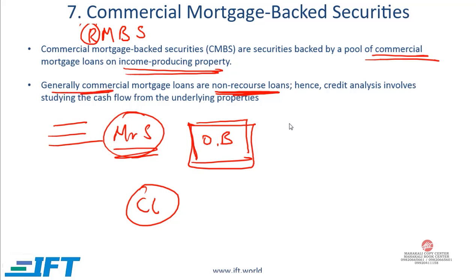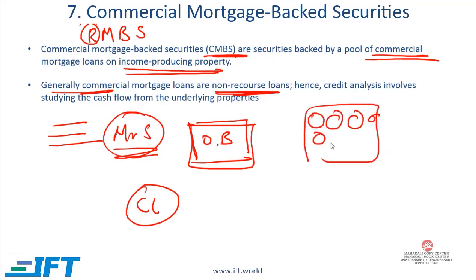It's also important because when we are doing a credit analysis of mortgage-backed securities, it's extremely important to understand the quality of the collateral. So if this is the collateral, the pool consists of commercial mortgage loans, we need to do a thorough analysis of this pool.